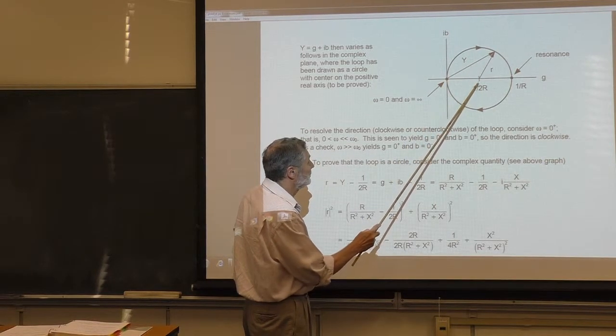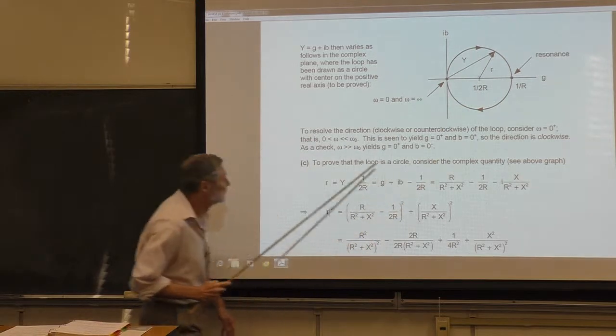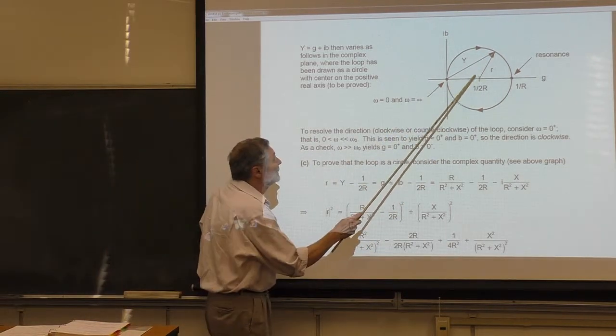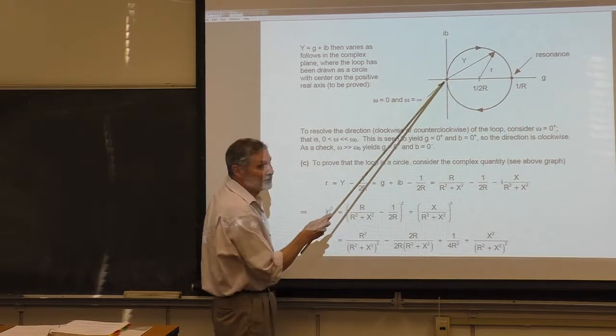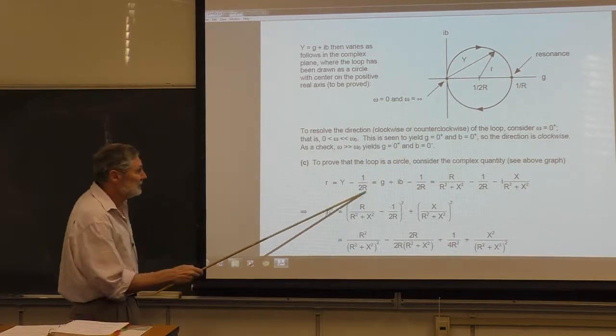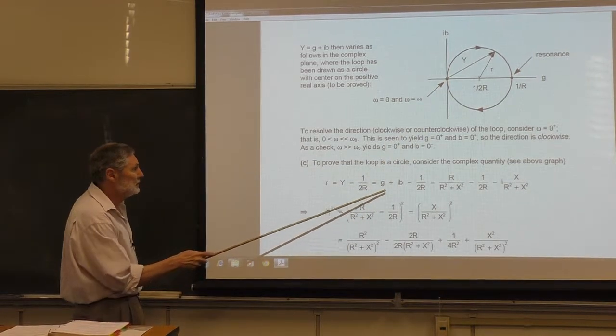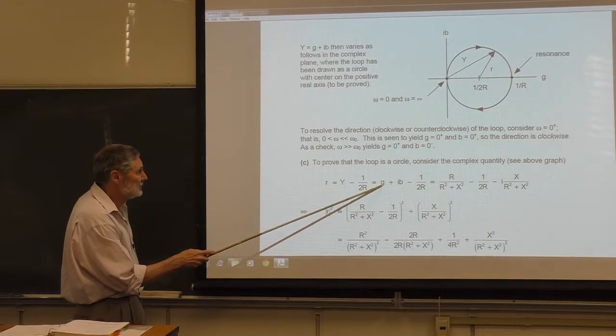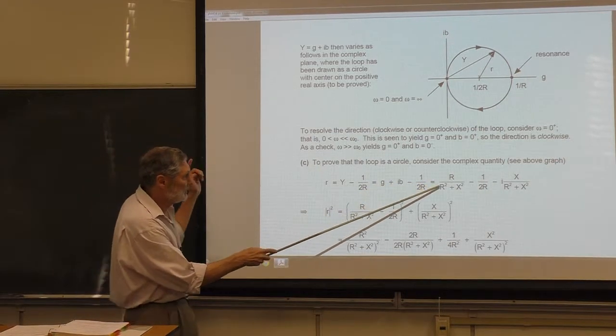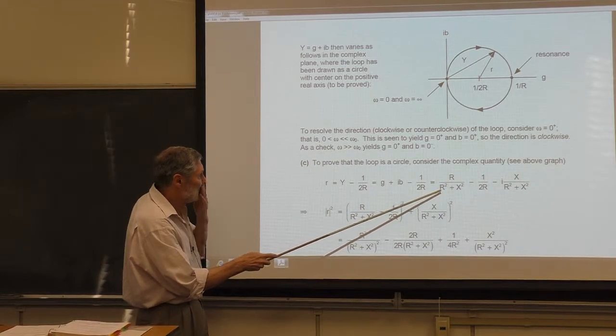Subtract this 1 over 2r. So r has to be equal to simply this value here minus this value. So I write that down, substitute the expressions for the real and imaginary parts of the admittance that we just calculated.